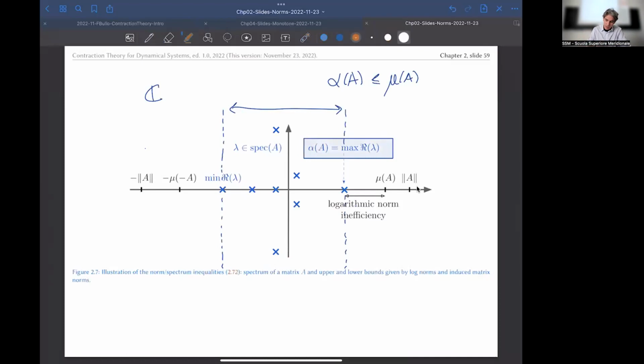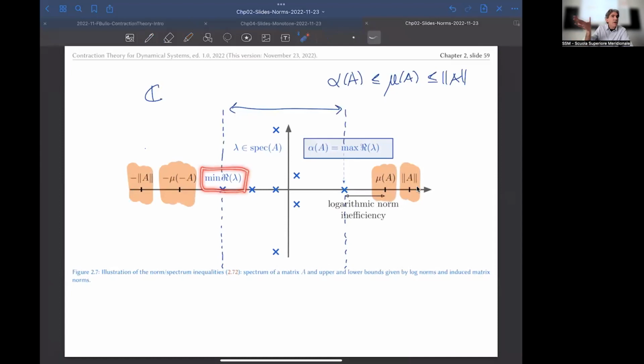By the way, it's irrelevant right now, but once again, there is an additional bound, which gets even worse. Okay, fine. So now, this is just to remind you, right? And by the way, while I'm here, might as well, if you use minus mu of minus A, this is a lower bound. I don't have a name for this.